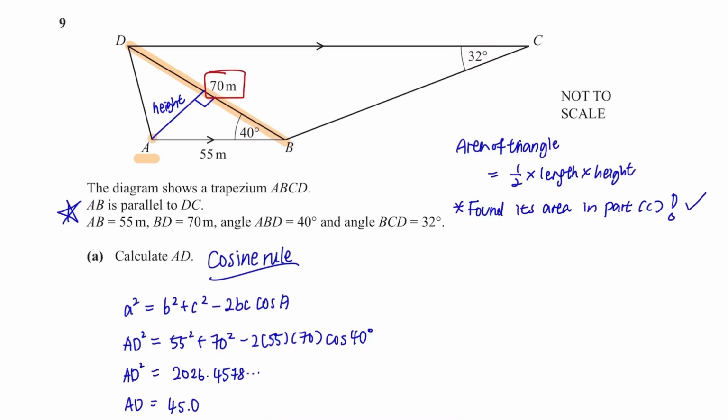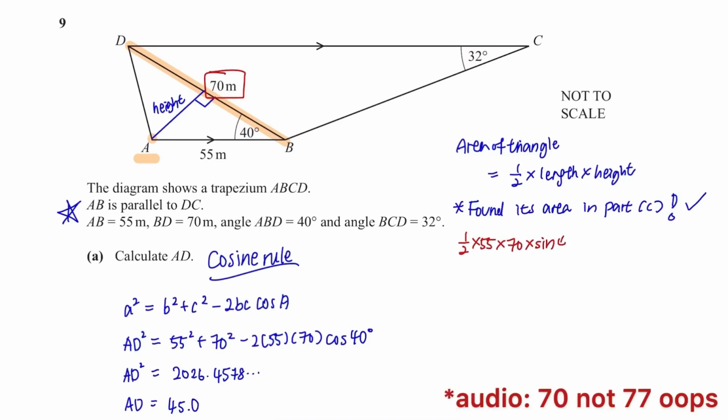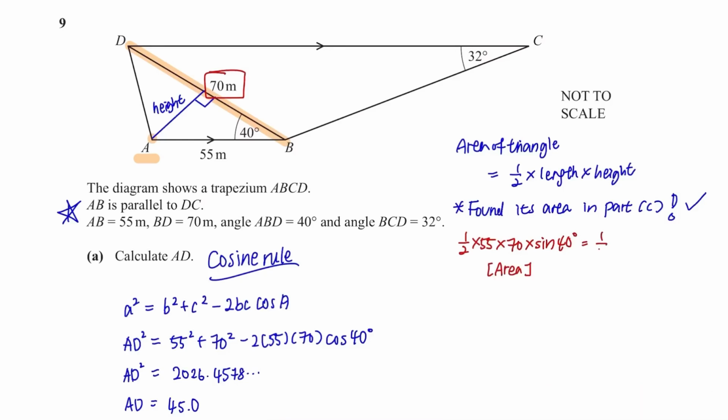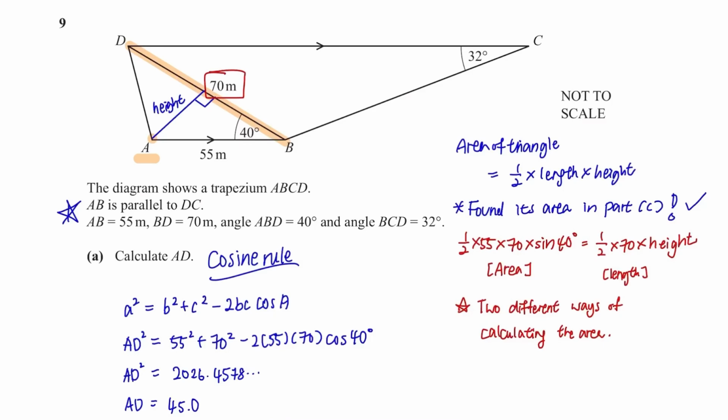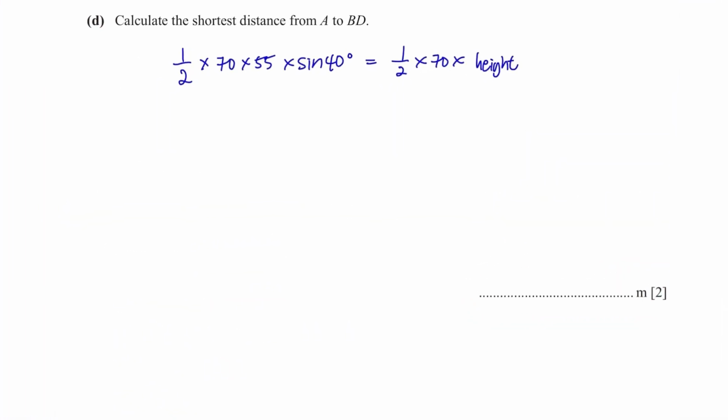So we can make a new equation, half times 55 times 70 times sine 40, the exact formula we just used to find the area of the triangle, equals half times 70 times the height. Simplify each side first and rearrange the equation in terms of height. You'll get 35.4.